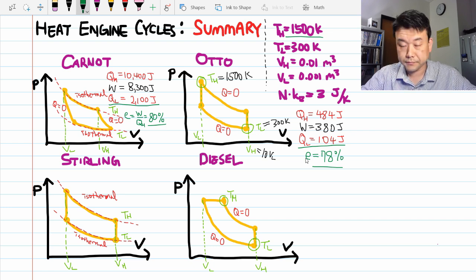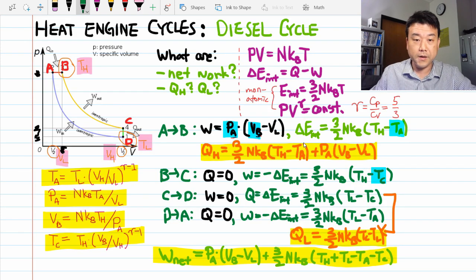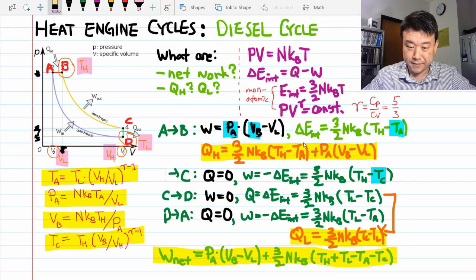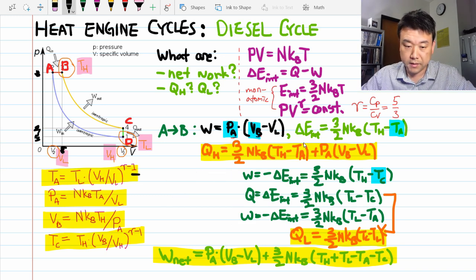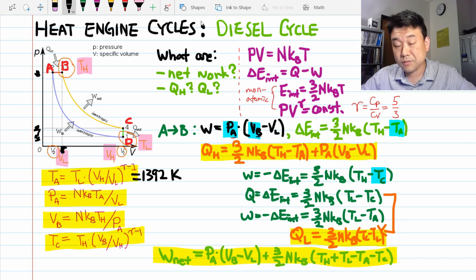We'll see. Alright, let's look at the diesel cycle. There are a lot of numbers we need to calculate, so let me make some space here. The preliminary numbers first. So TA is, plugging in TL and VH, VL, and gamma, 1392 Kelvin. So like with the Otto cycle, this is pretty close to the highest temperature of the heat engine cycle.